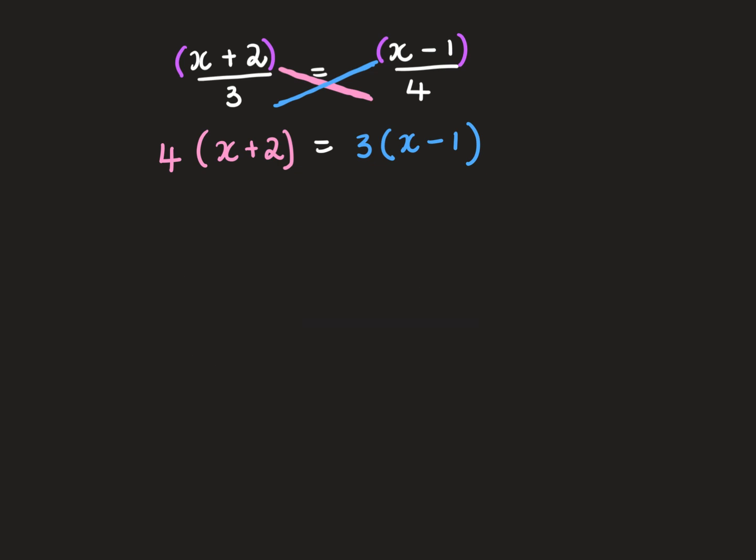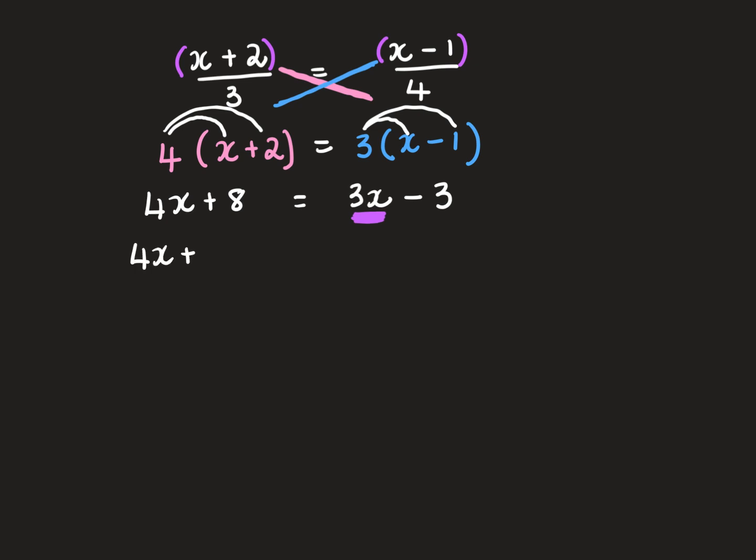Okay, now I just need to expand out these brackets. 4 times x is 4x plus 4 times 2 is 8 equals 3 times x is 3x minus 3 times 1 is 3. Okay, what am I going to do now? We saw this in another video. We've got this 3x over this side. We don't want it to be there. So what we're going to do is we are going to take 3x off both sides. Watch, take away 3x, take away 3x.